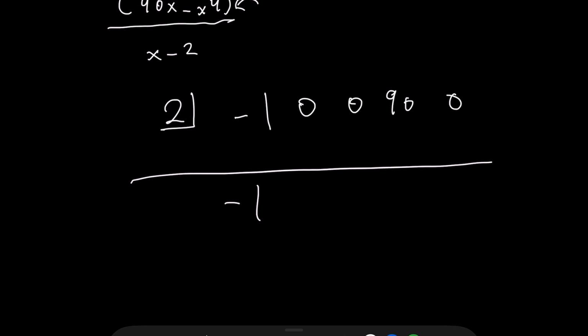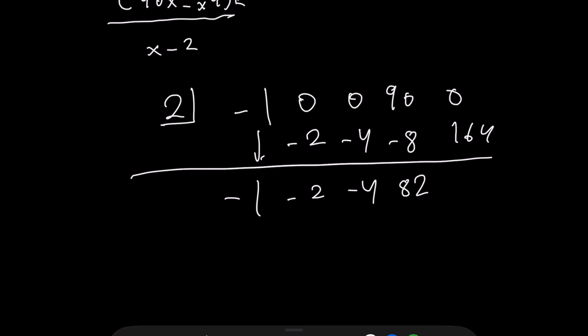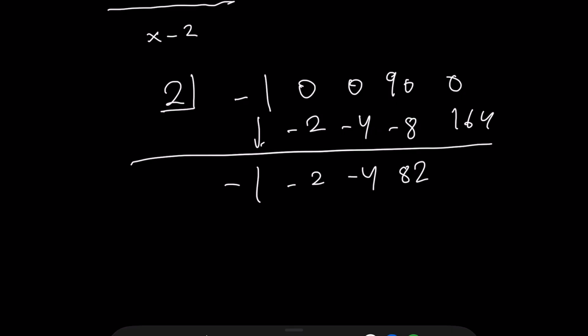All we do is we bring down this first number, we multiply it, and then we add. We do the same thing. -4, add, multiply. Okay, 82, multiply, 164. Now, these are just the coefficients of the thing that we're going to get.